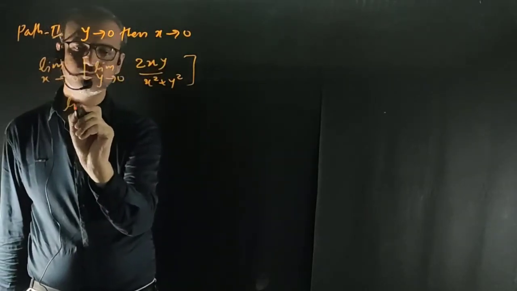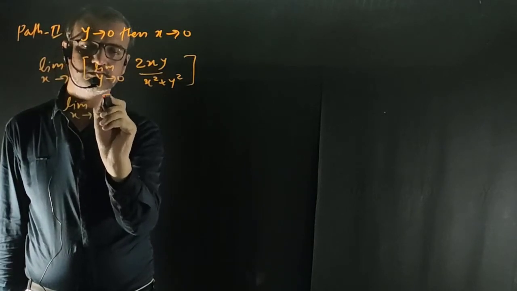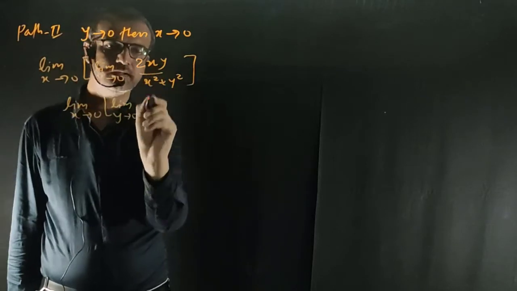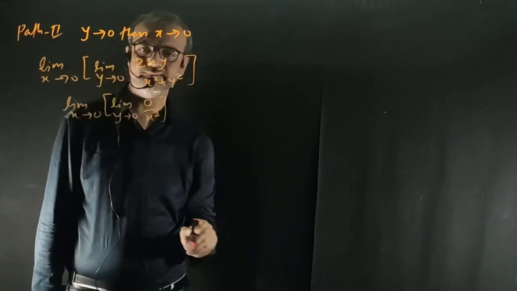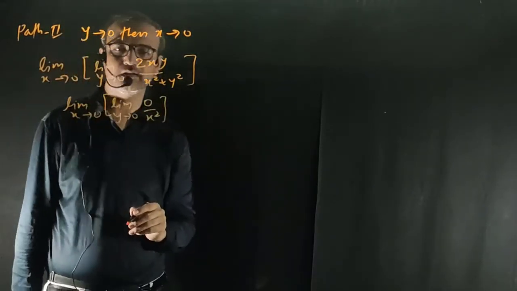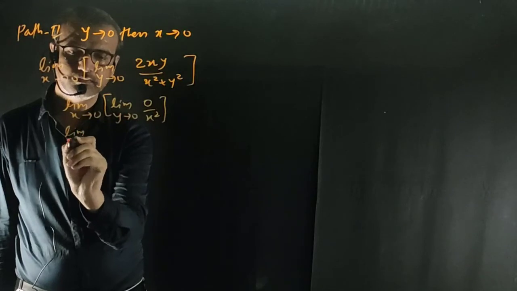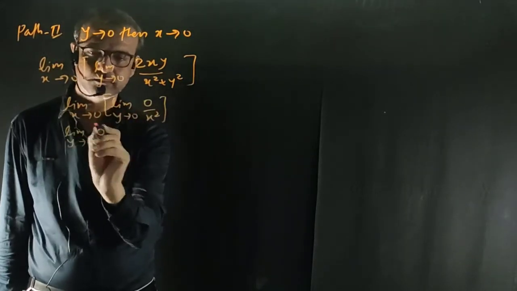So this is equal to limit x tends to 0, then after limit y tends to 0, and this is 0 divided by x square, and 0 divided by x square, the result is 0. So this is limit y tends to 0, the result of this limit is 0.